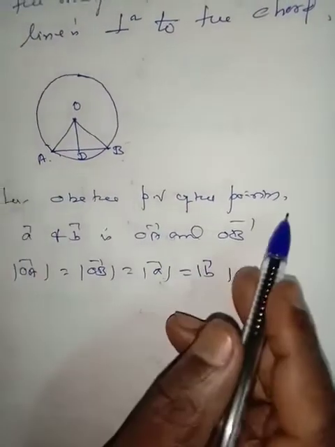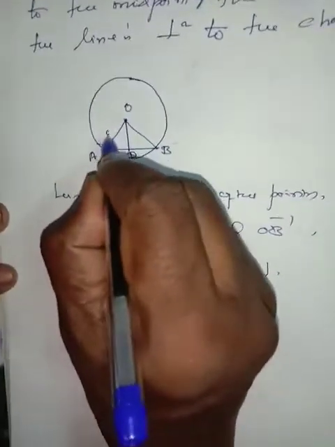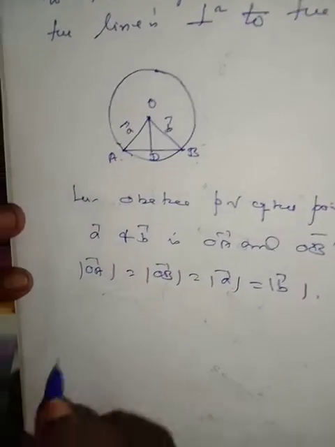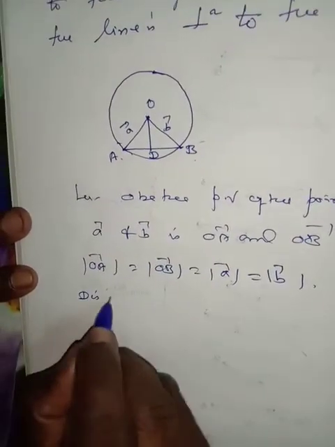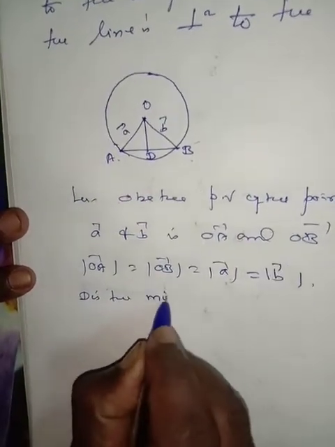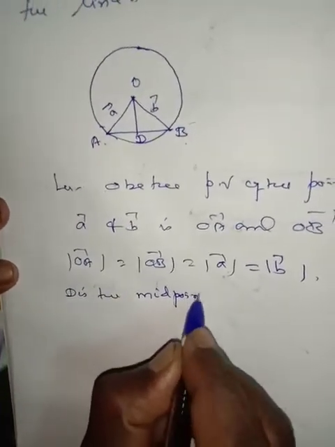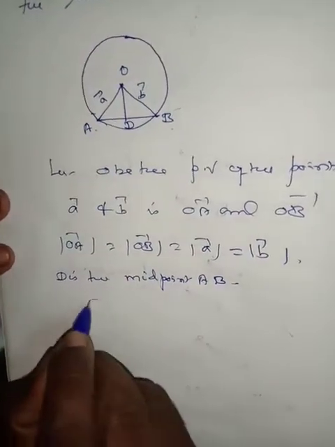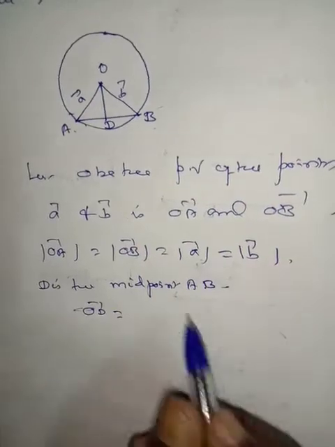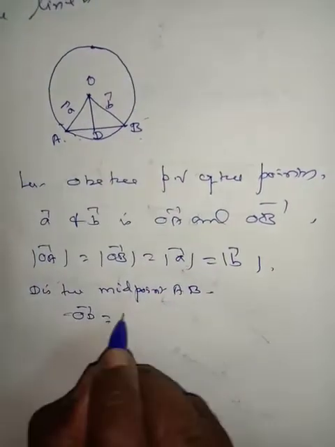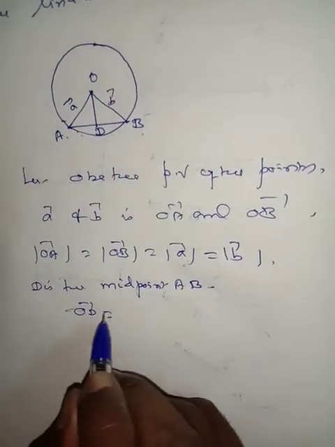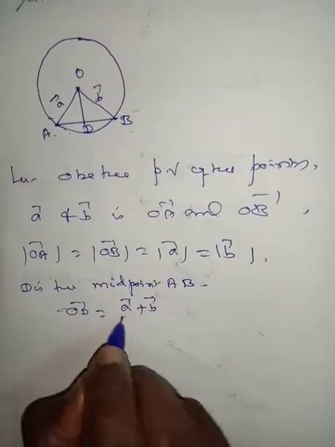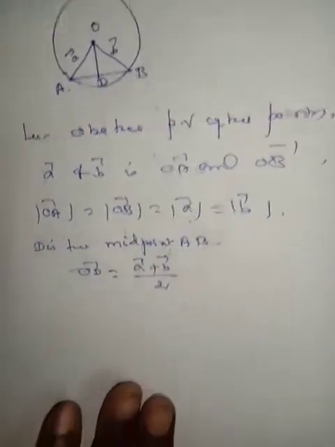Therefore OD vector is equal to A vector plus B vector divided by 2, the average of the two vectors.